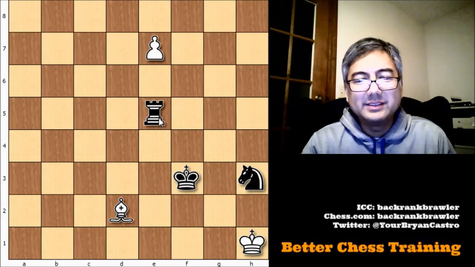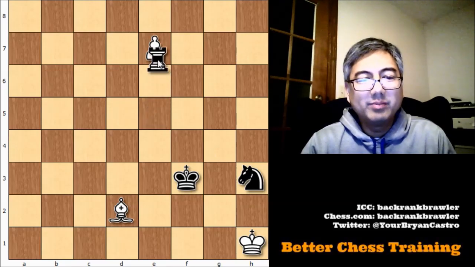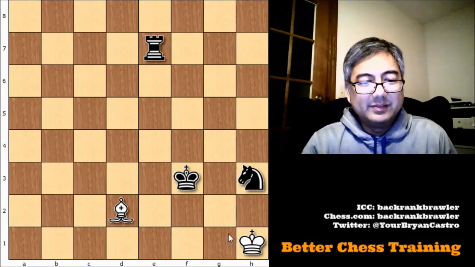Or I'm sorry, black can look at, well, black can just take, and again, what are you going to do? You have to cover the square.